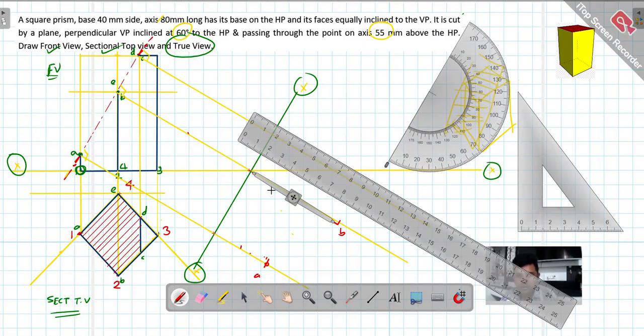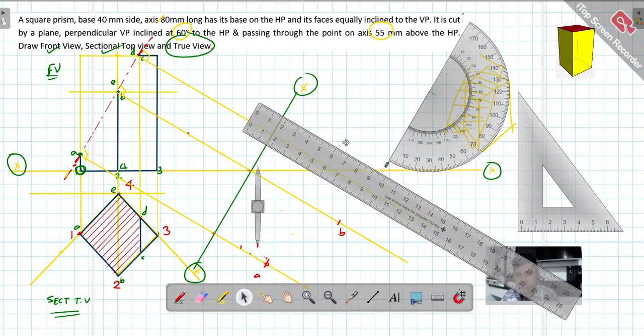Again, take your compass here on the axis because from here the plane is there. No, this is the center. Rotate it, take the distance. How much distance do we have to take up to C?